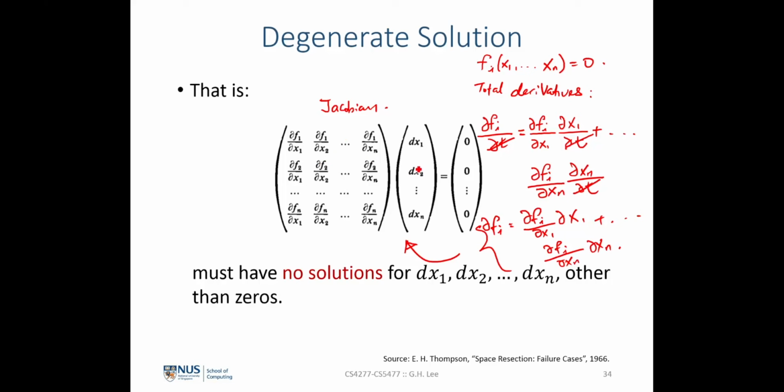If there's zero change here, that means the solution to this, because this can be seen as a homogeneous linear equation Ax equals 0, the only solution for the vector here should be 0. That means that it must be a trivial vector.